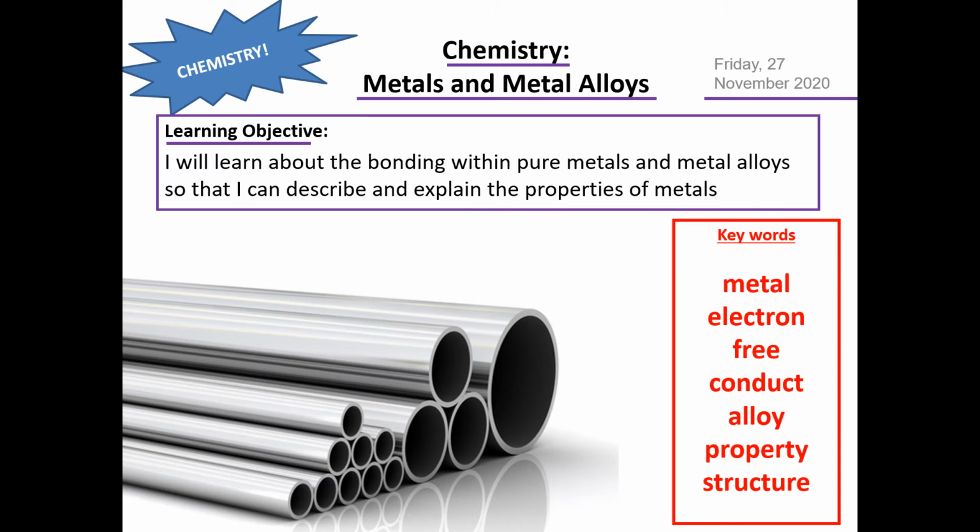Let's just do one final task for the end of this video. In summary, if we have some atoms and they are going to interact and bond between them, if there is a metal and a non-metal, then this will form an ionic bond, ionic structure.